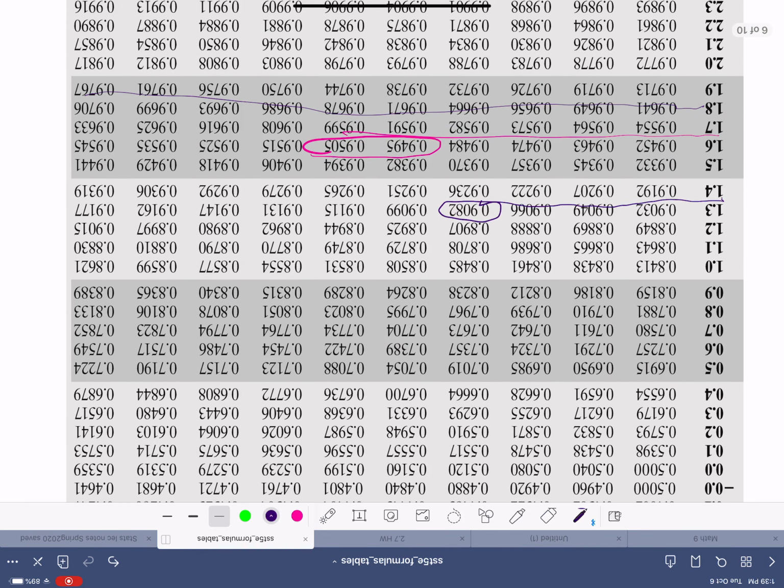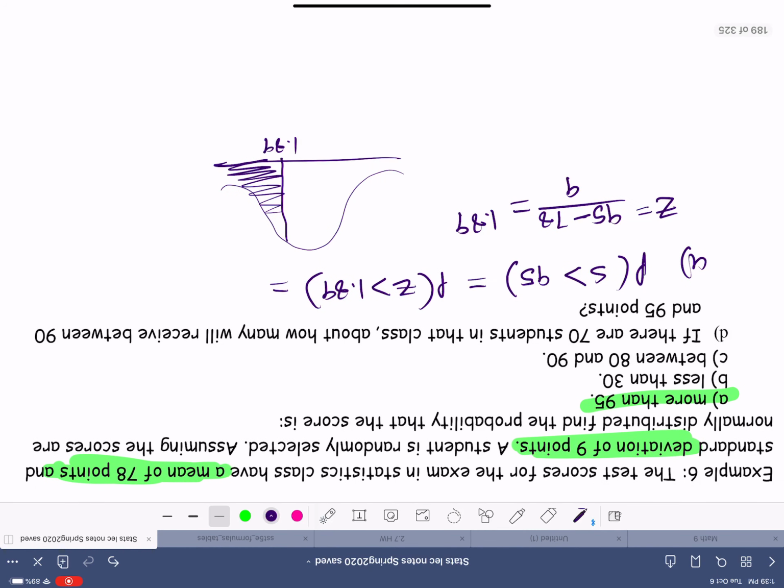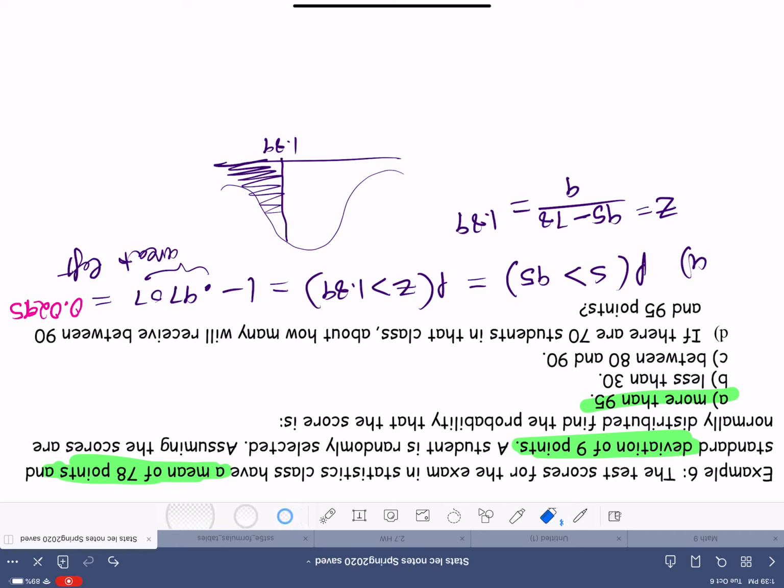We have to do 1 minus 0.9707 to find the area to the right, because the table gives you area to the left. 0.9707 was the area to the left, and we want the area to the right, so we do 1 minus that, and that turns out to be 0.0293.